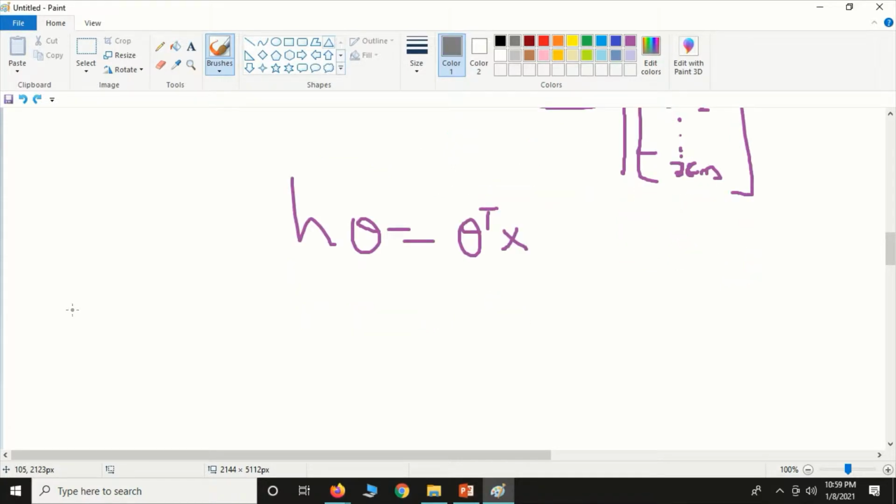Now we saw the hypothesis for multiple variable. Now we see the cost function.